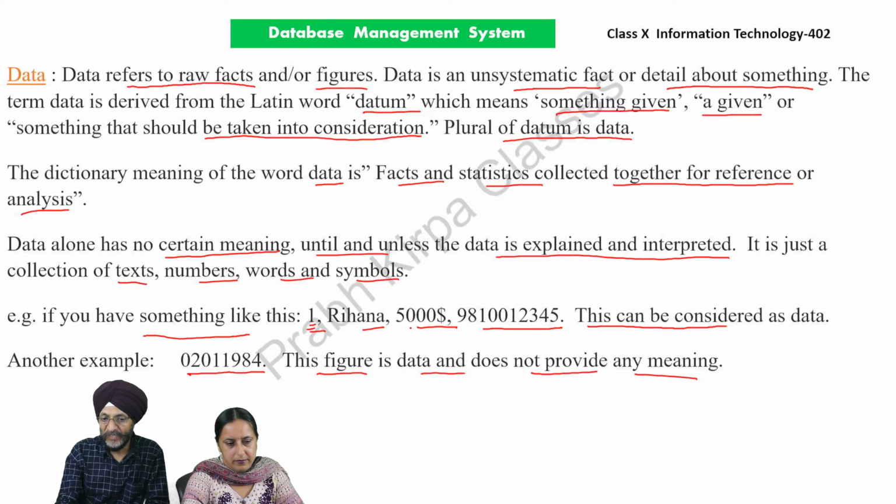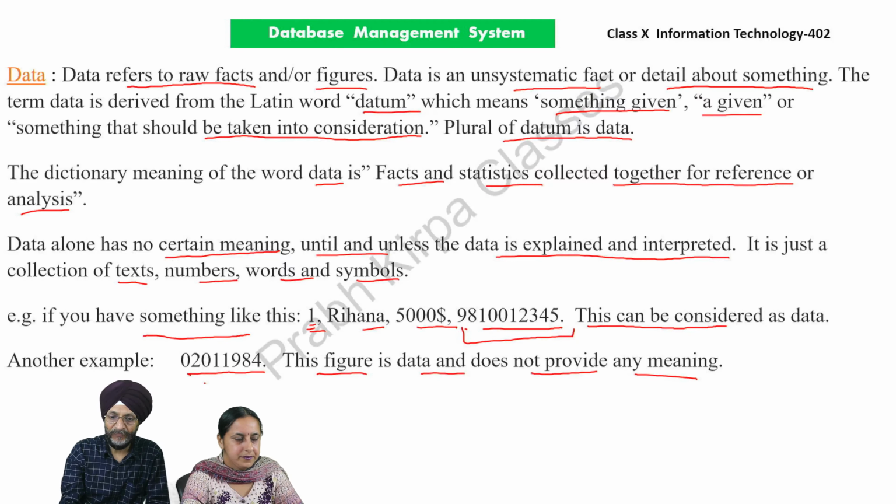Next, 5,100 does not represent whether it is the school fees or the salary of an employee or other expenses. Further, this 98100123455, we are unable to understand whether it is a mobile number or a bank account number.